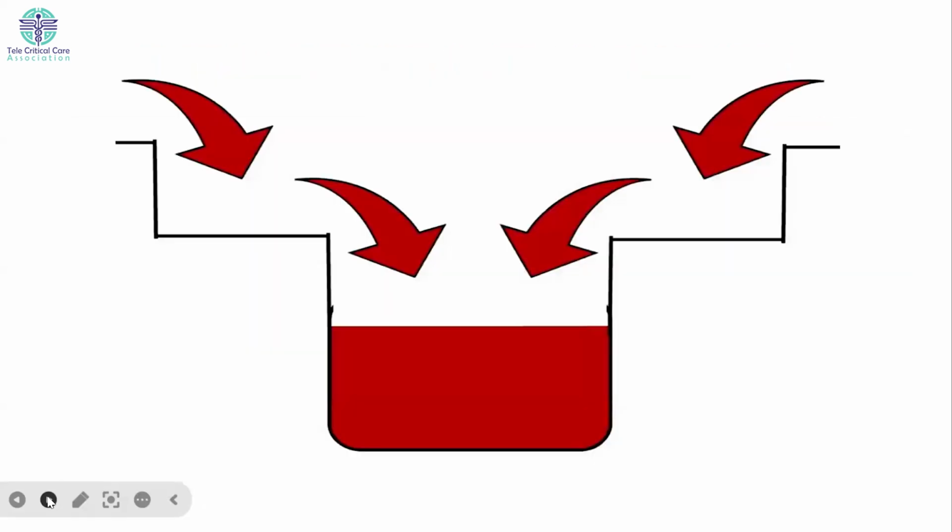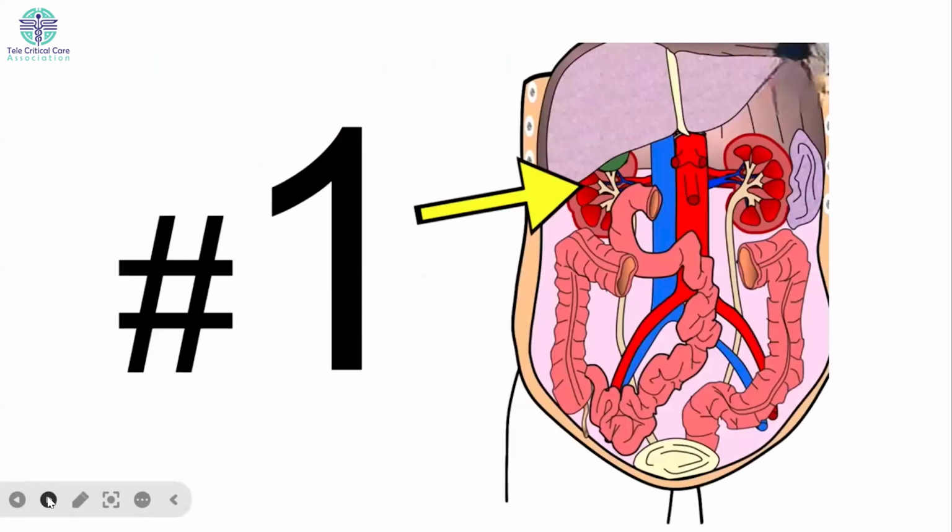Okay, the thought process behind using FAST is that whenever a trauma happens, blood has a tendency to accumulate in the most dependent position of our body, in the supine position. So which is the most dependent position? The first position is the right upper quadrant, which is described in the FAST examination, and it is present below the liver capsule and above the right kidney, which is also called Morrison's space.